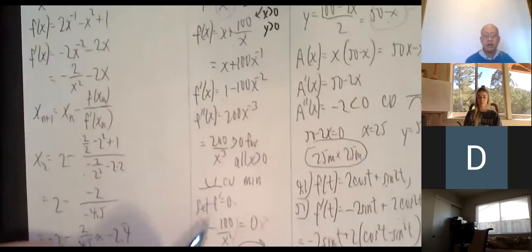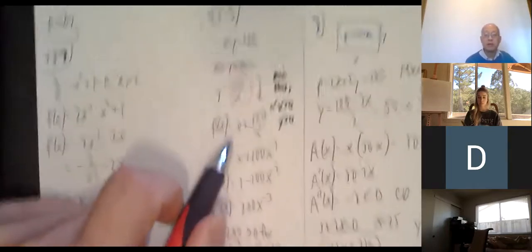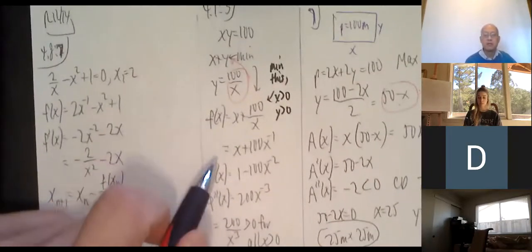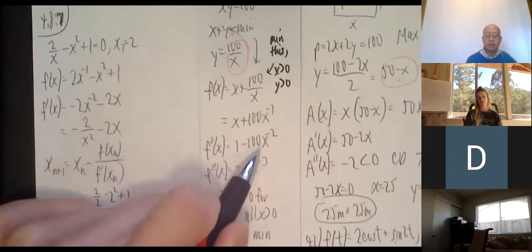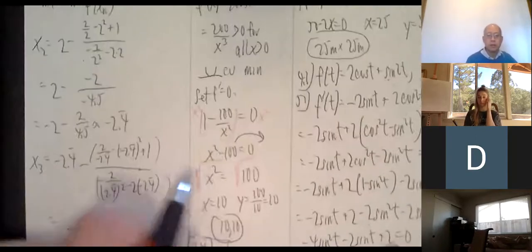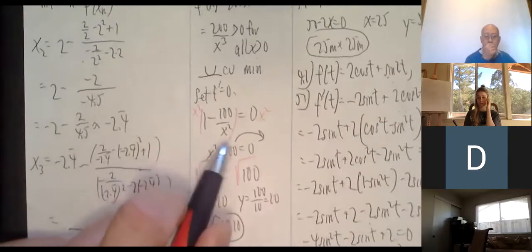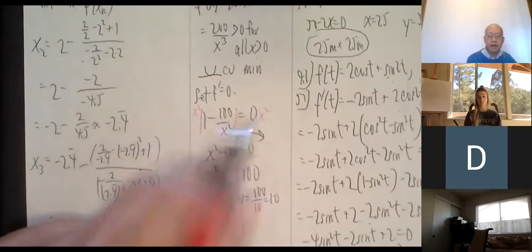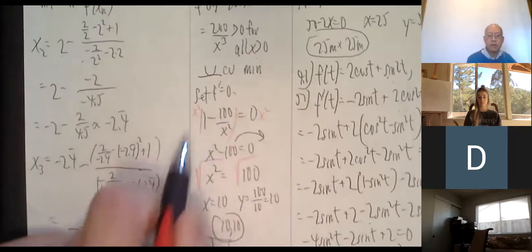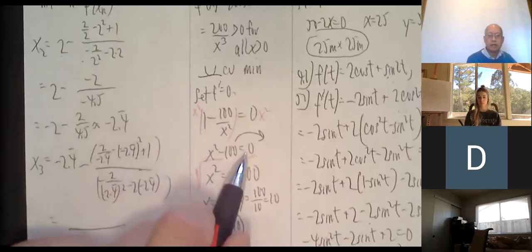So my f prime was 1 minus 100, x to the minus 2. 1 minus 100 over x squared equals 0. Multiply both sides by x squared to clear the fraction. x squared minus 100 equals 0.